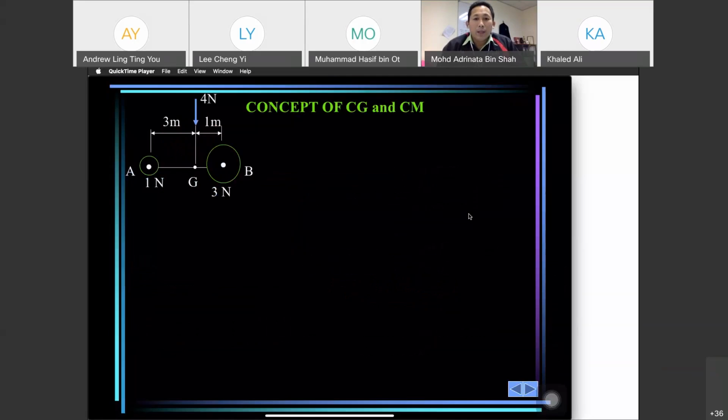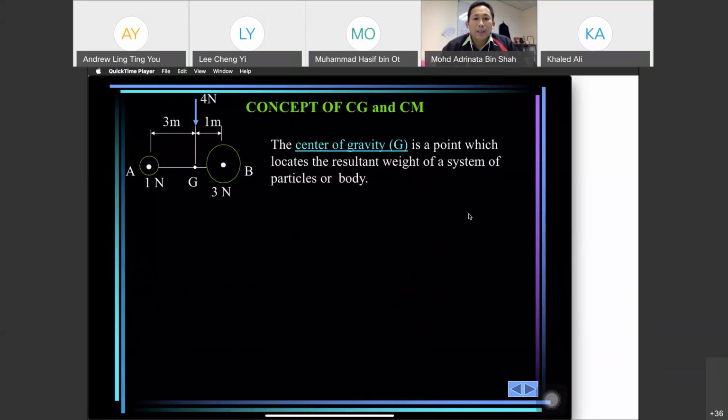Concept of the center of gravity and center of mass. The center of gravity G, we call it CG, center of gravity, center of mass, or COG, also as the acronym. The center of gravity G is a point which locates the resultant weight of a system, either particles or body.